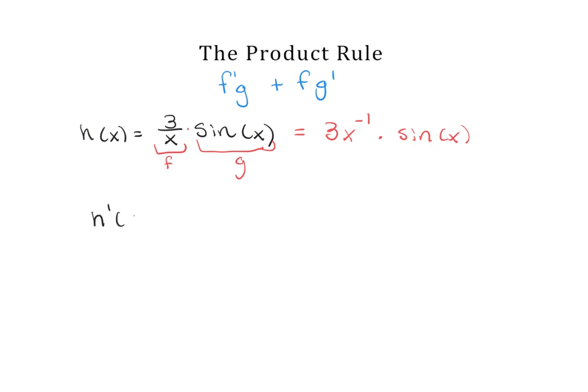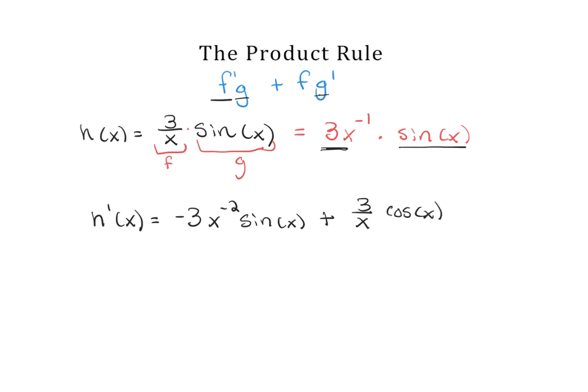Okay, so taking the derivative of h, following the product rule, the derivative of the first, so the derivative of this, is negative 3x to the power of negative 2 times regular g, times sine x, and then plus the original first, 3 over x, and then times the derivative of the second, and the derivative of the second is cosine of x.